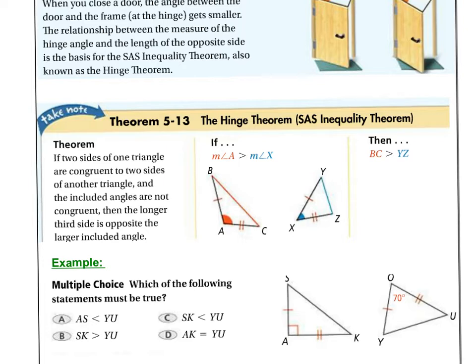If they were the same, they'd be congruent triangles, right? Because their third side would be the same. But whichever one has the longer third side, or whichever one has the bigger included angle, then that has the longer side, right? This means this door is opened wider than this door, if you think of it as a hinge, where they're equal.